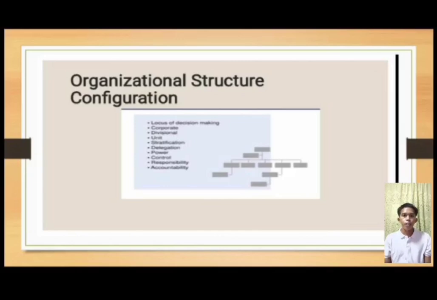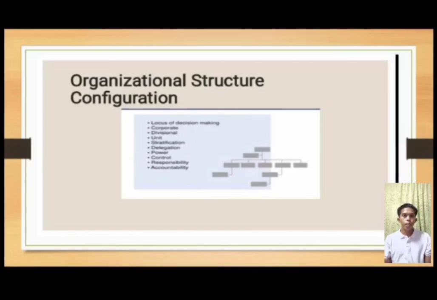Then, delegation, the process of assigning tasks or authority from higher levels of management to lower levels. Power, the authority to make decisions and enforce rules within the organization.